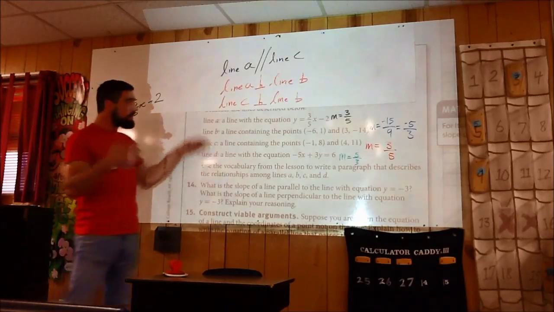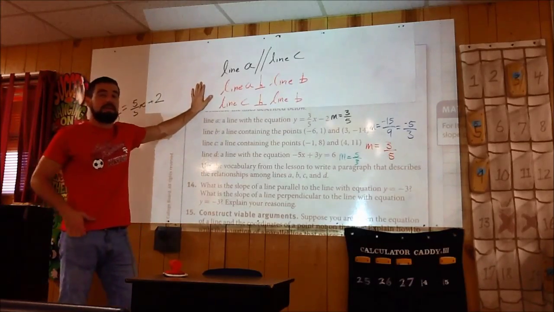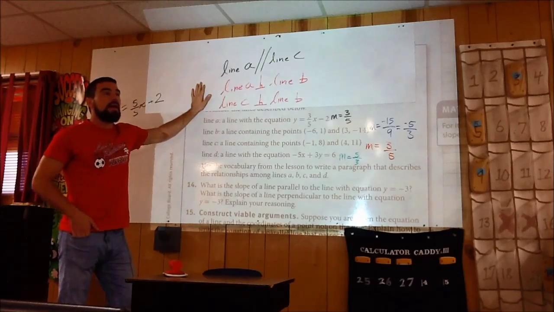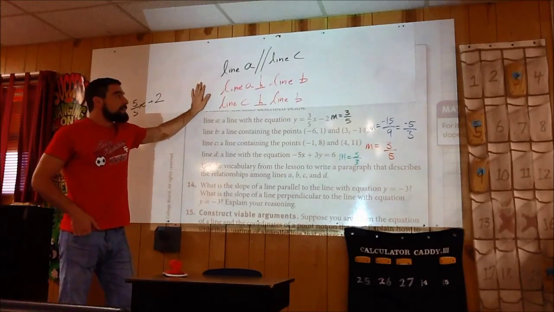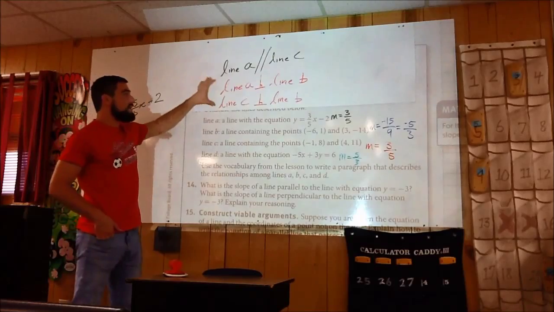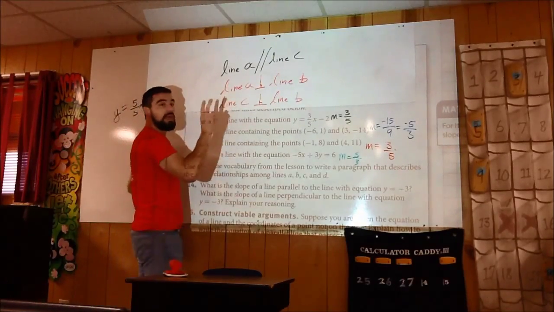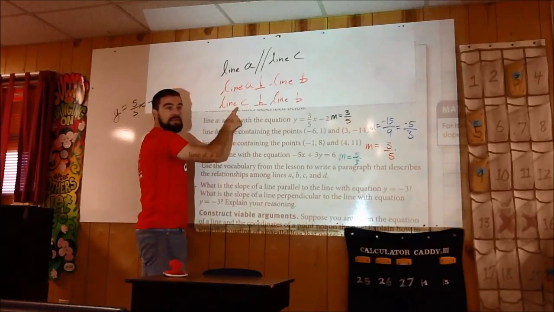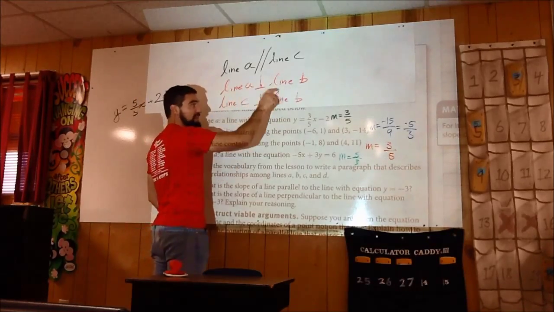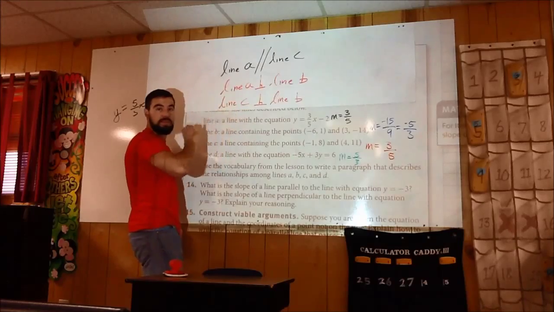Cool. The one thing I wanted to point out is that we should have talked about this last class. Here in red ink, we have what we've stated is that two lines, line A and line C, are perpendicular to the same line. You see that in red ink?